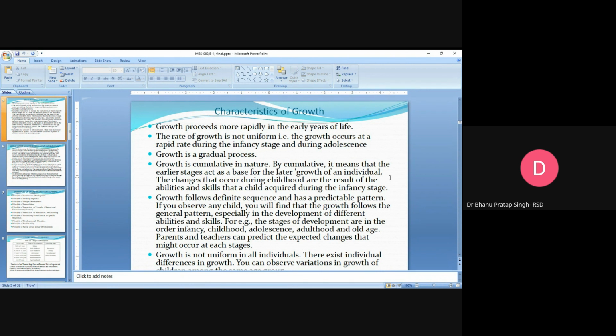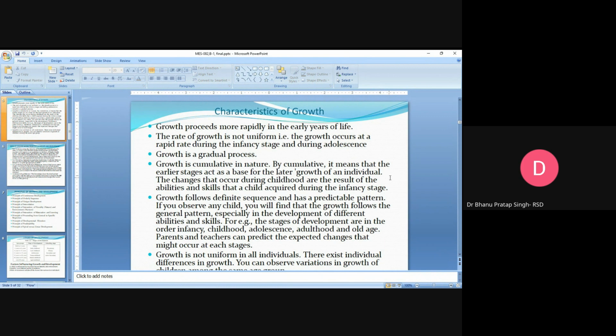By cumulative, it means that the earlier stage acts as a base for the later growth of an individual. The changes that occur during childhood are the result of the abilities and skills that the child acquires during the infancy stage. Growth follows a definite sequence and has a predictable pattern.